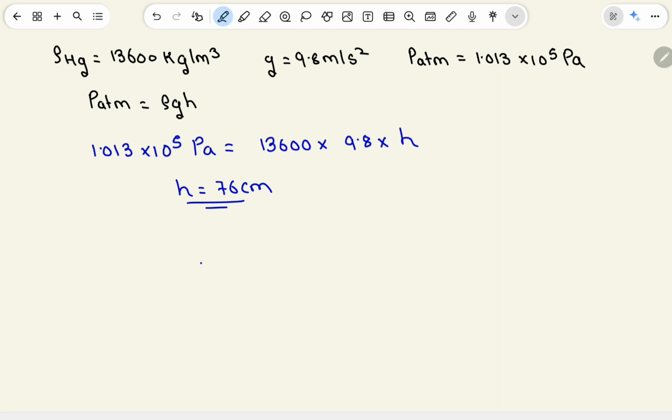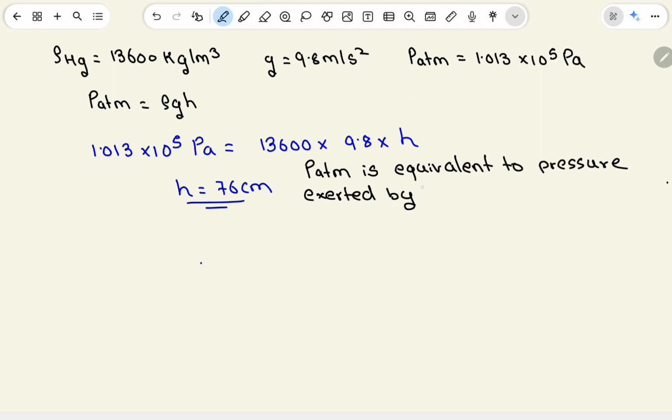Therefore, we say that the atmospheric pressure is equivalent to pressure exerted by mercury column of height 76 centimeter.